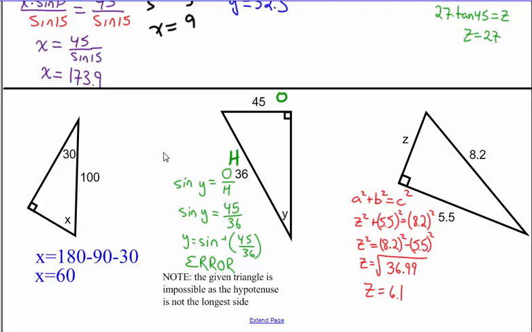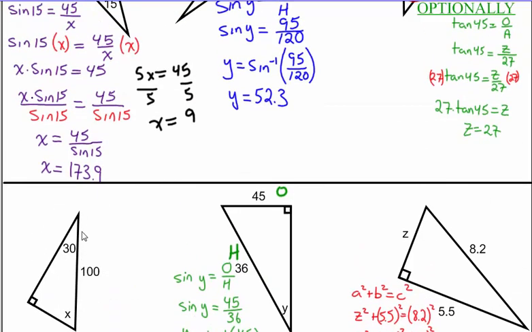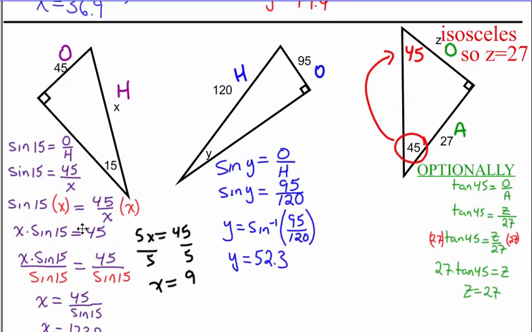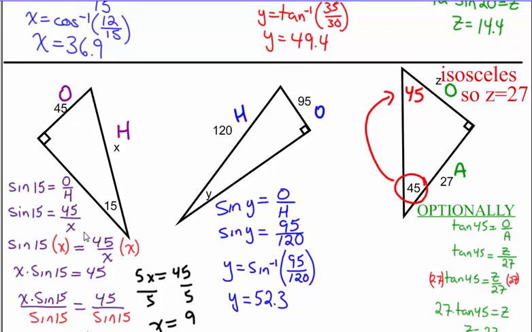So the keys to the trig stuff we know so far: to find the angle, use the inverse is the first key. The second key is that we always start with an angle. It's either the angle we're trying to find or an angle we know, and from there we establish where our opposite, our hypotenuse, and our adjacent will be.